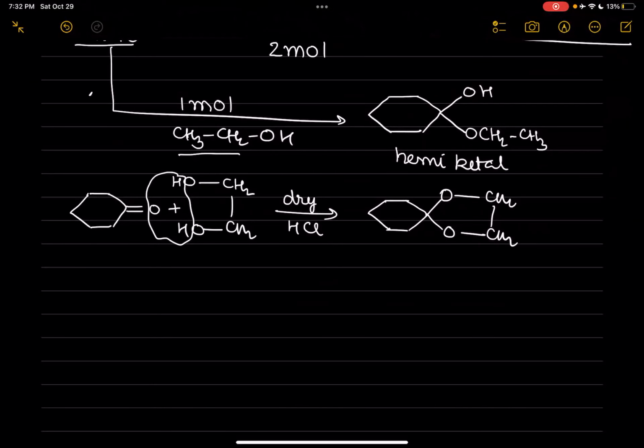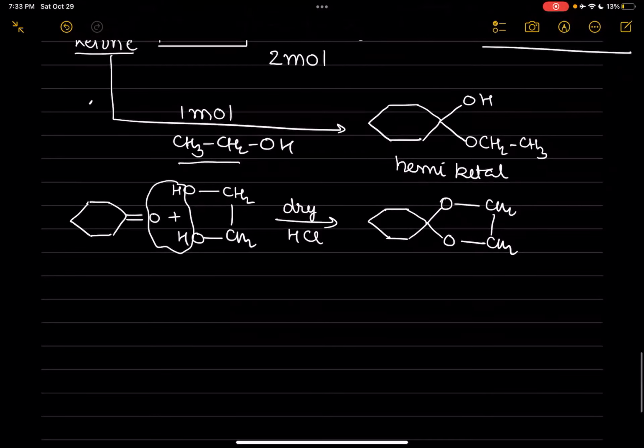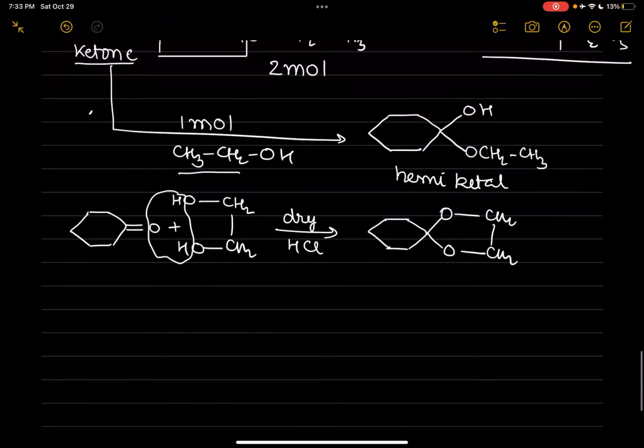Suppose you don't want Grignard to react with an aldehyde or a ketone in a nucleophilic addition reaction, what you can do is just convert them to acetal or ketal.